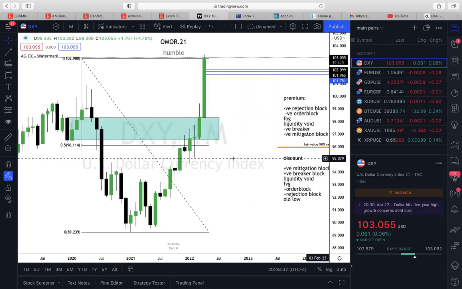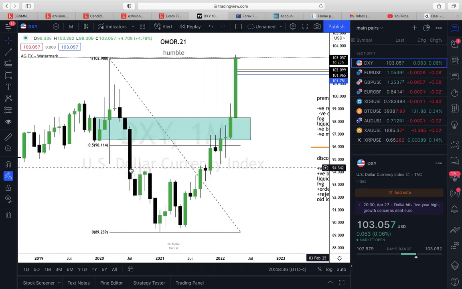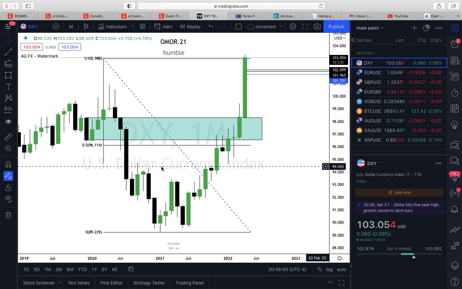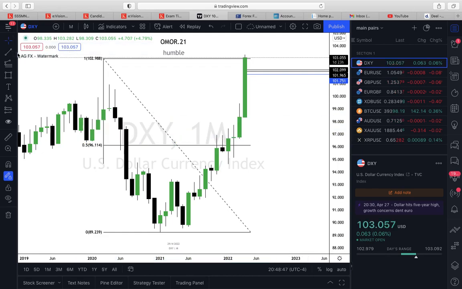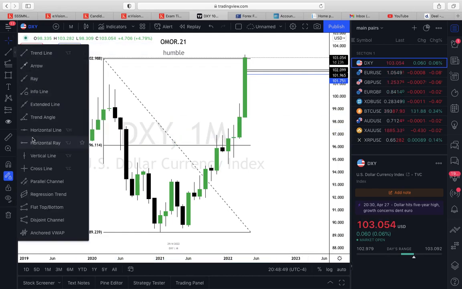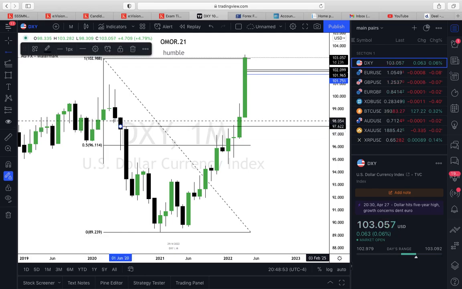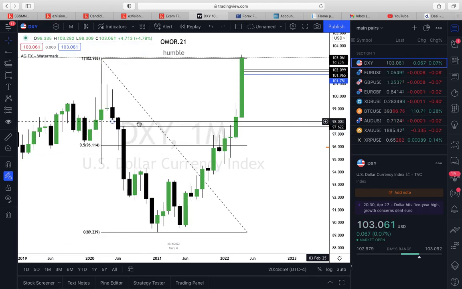Okay. Oh, the breaker block's the second one. And then what is there? So let's remove this. This is what I taught you guys as a fair value gap.